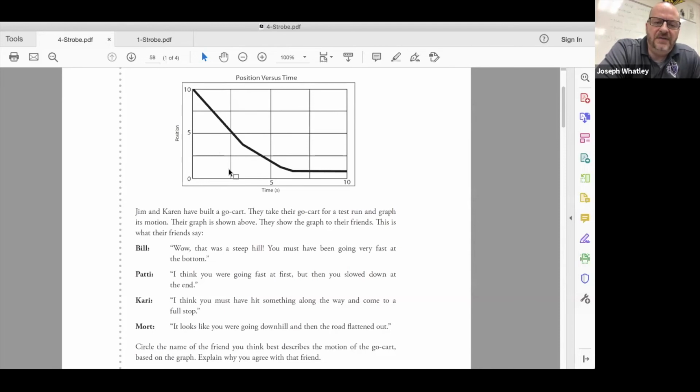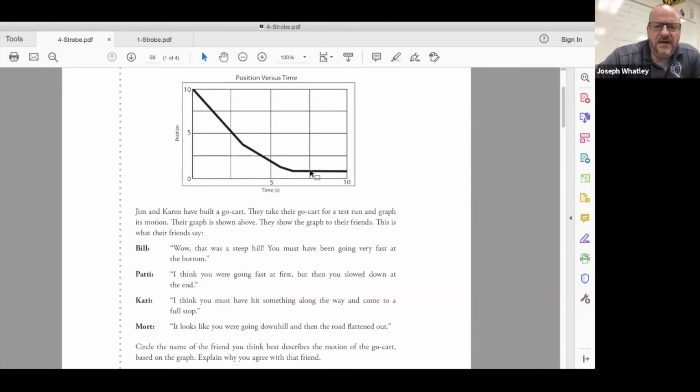And then at 2.5 seconds, because that's halfway to 5 seconds, I'm at position 5. So I'm moving, right? In 2.5 seconds, I went from 10 meters out to 5 meters out. So I'm coming in closer to position 0, the origin, and I'm moving. Now, what about right here at about 6 seconds? I'm at about position 1 meter.